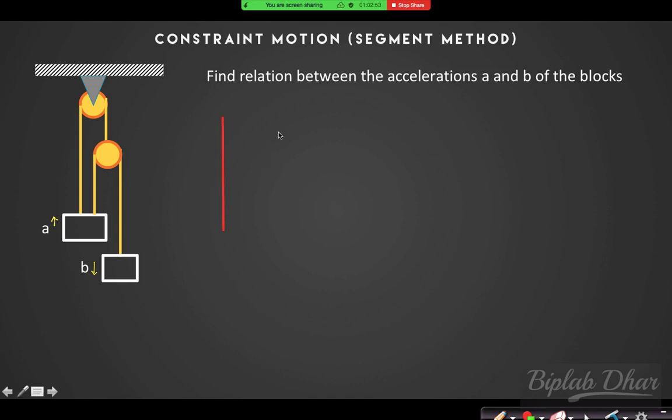So 3A is equal to B. So 3A equal to 2B. Yes, tell me. So 3A equal to 2B. So 3A is equal to B.